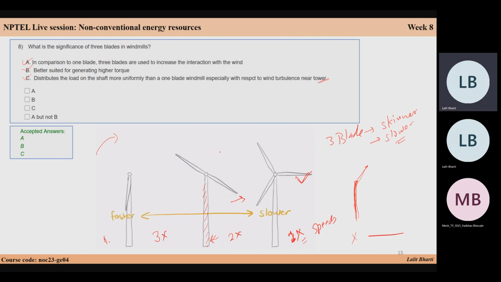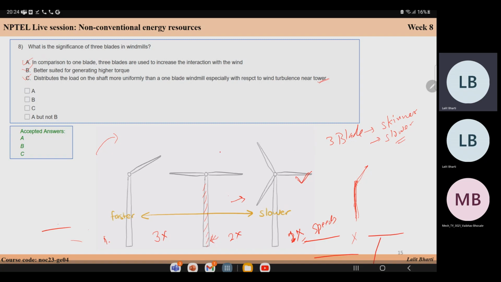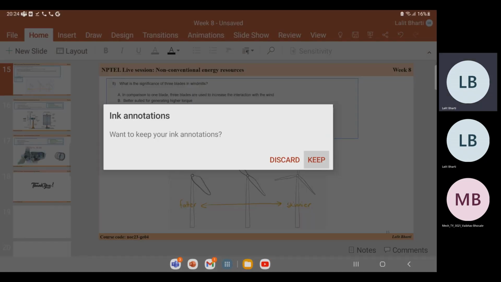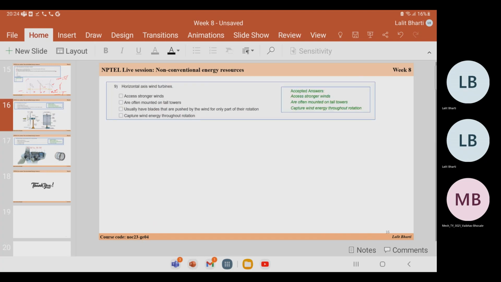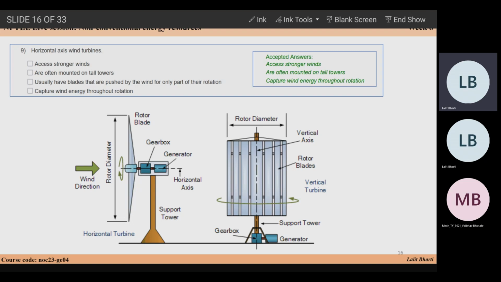Then we will see the next question. So this is question 9.